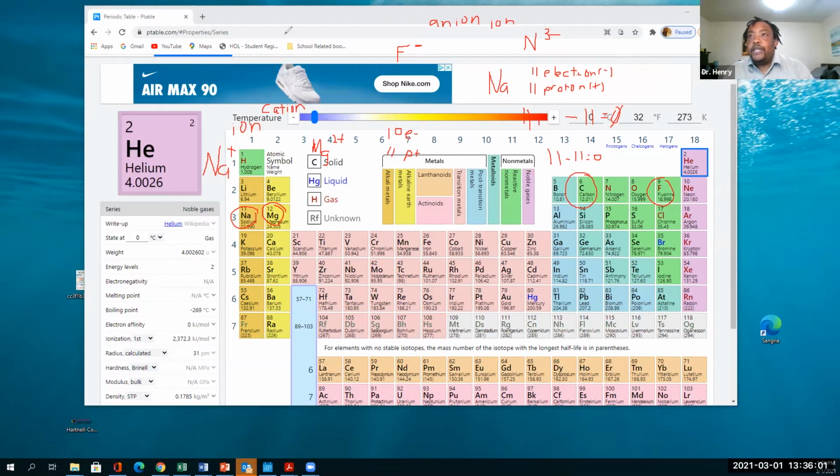So let's say, for instance, we have sodium and chloride. Sodium is going to be, as we saw earlier, it's going to form a plus ion. So it's going to lose an electron. And chlorine is actually going to take its electron and make itself negative because it's only one away.